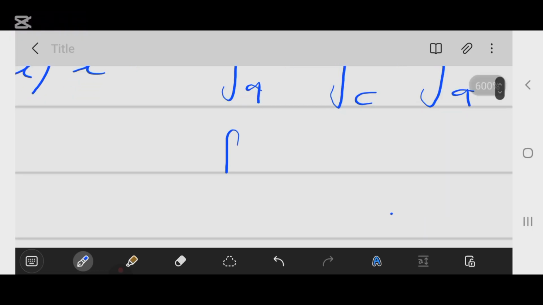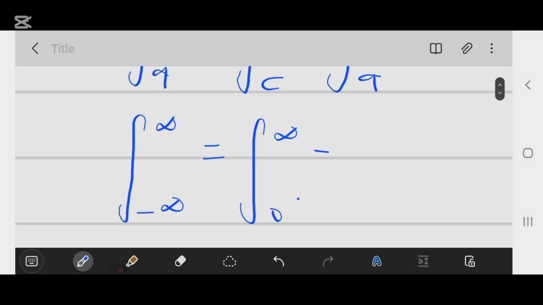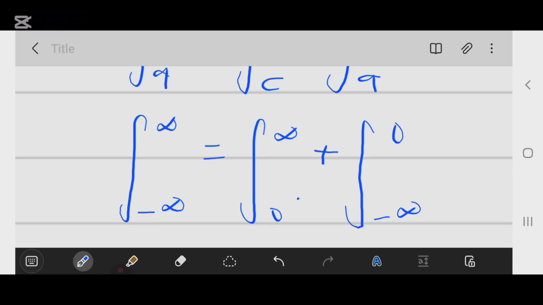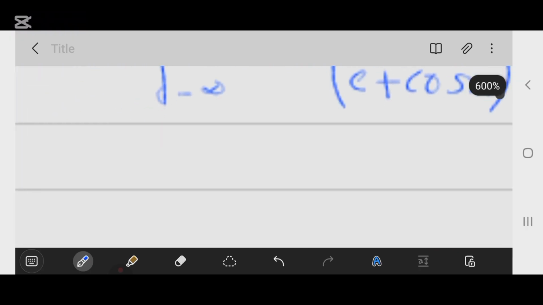With this as a base, we can apply it in our own integral, taking c to be 0. Now I'm gonna split my integral using this transformation.